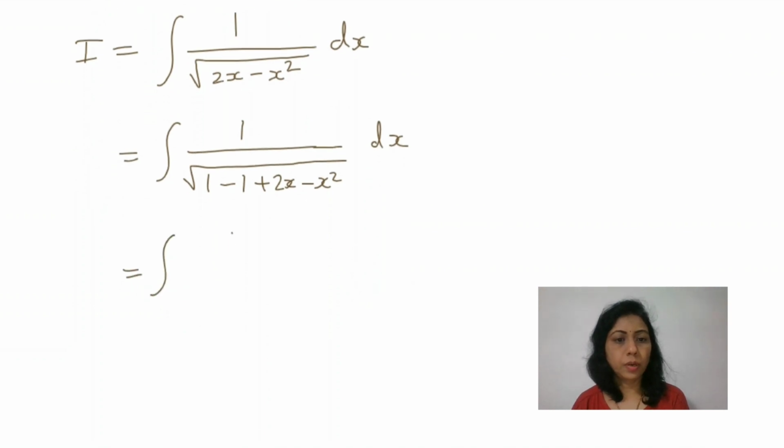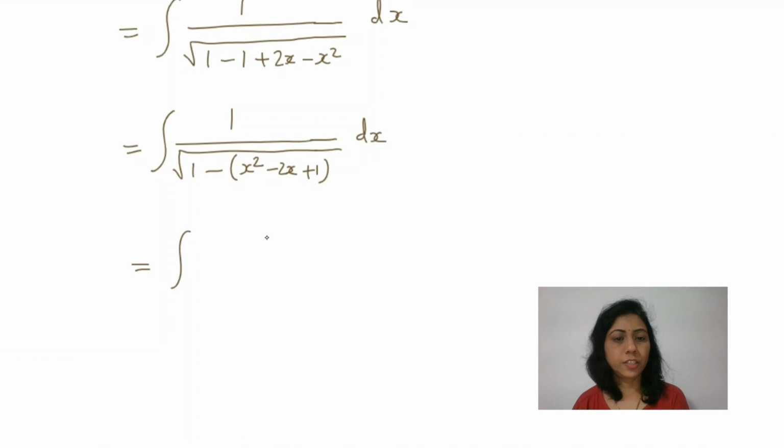Integration of 1 upon square root of 1 minus, from here the last three terms we can take common minus. So this is x square, positive x square, this is minus 2x, and this is plus 1, and dx.